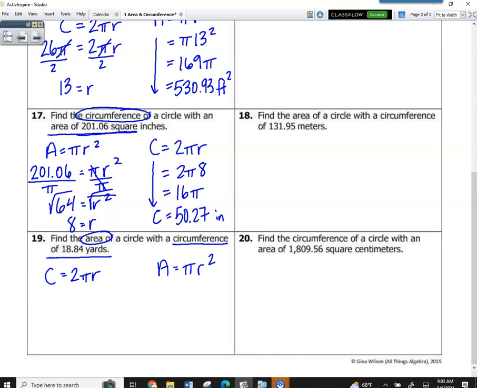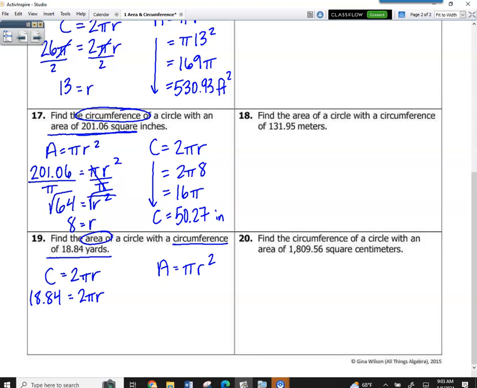All right, I'm going to plug 18.84 in place of C. I need R by itself.